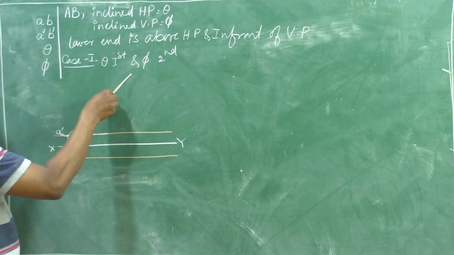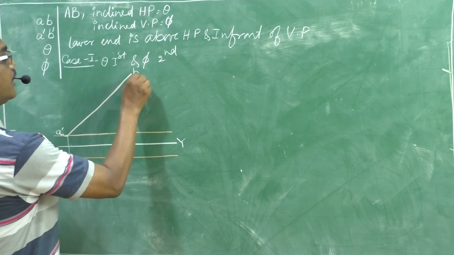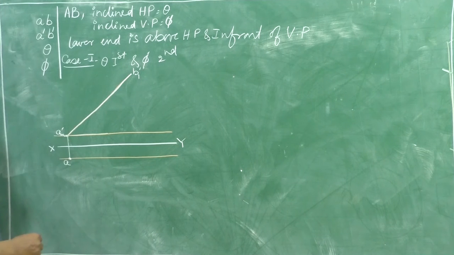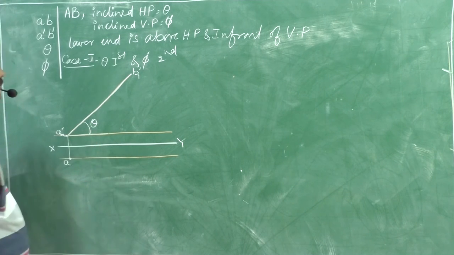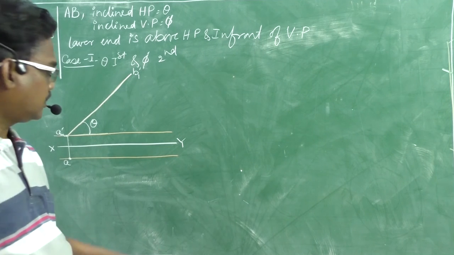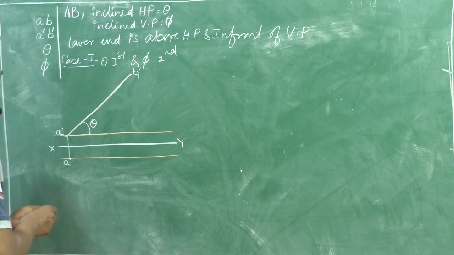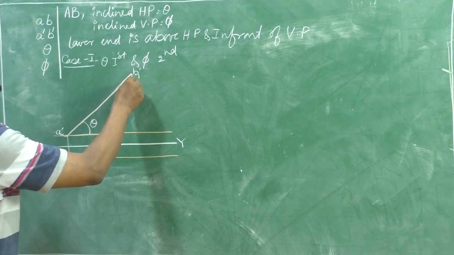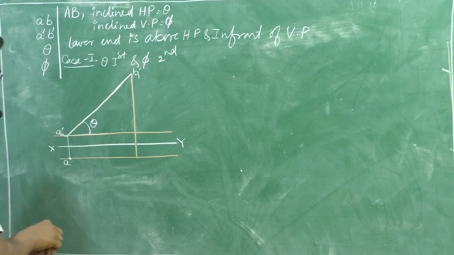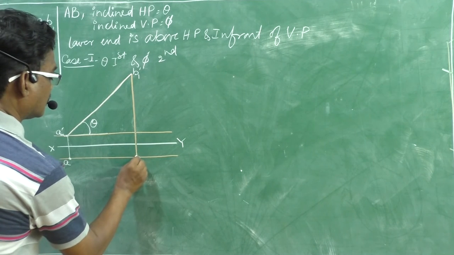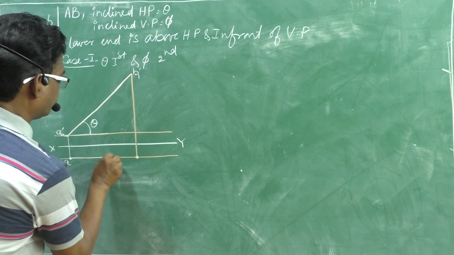This is the line A dash B1 dash, and this is theta. Now, what will be the top view for this? If you project it downwards, this will be the B point and this is the respective top view.